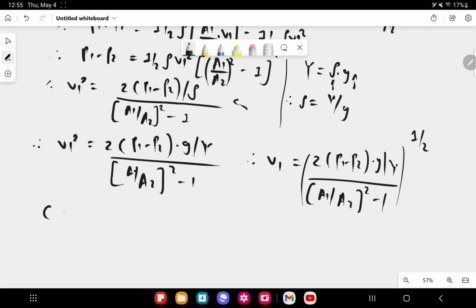So discharge coefficient C is equal to the actual velocity, which we denote by lowercase v1, divided by the ideal velocity, the uppercase V1.